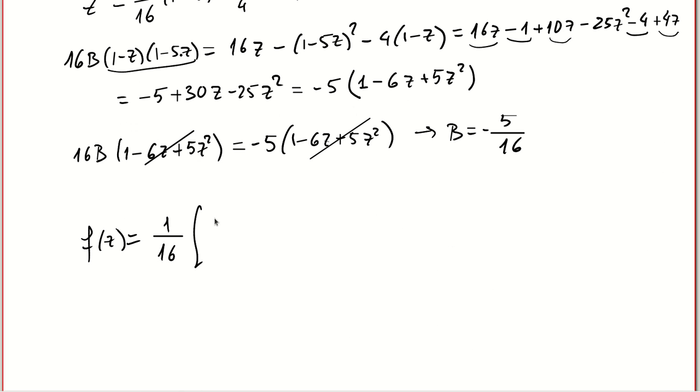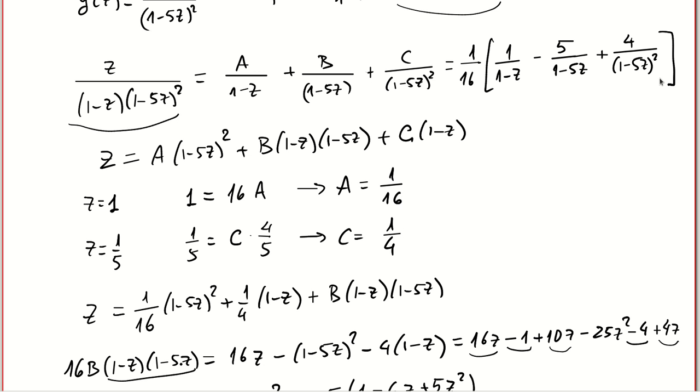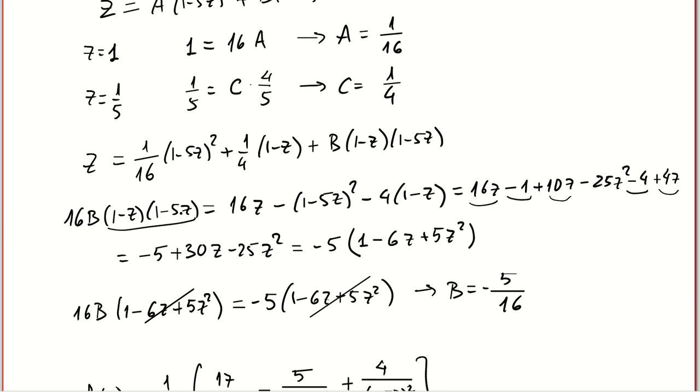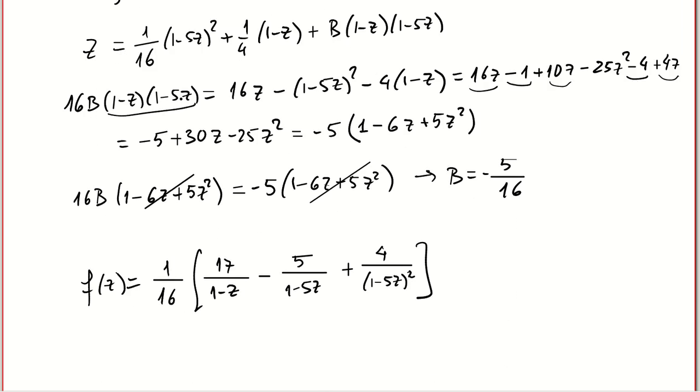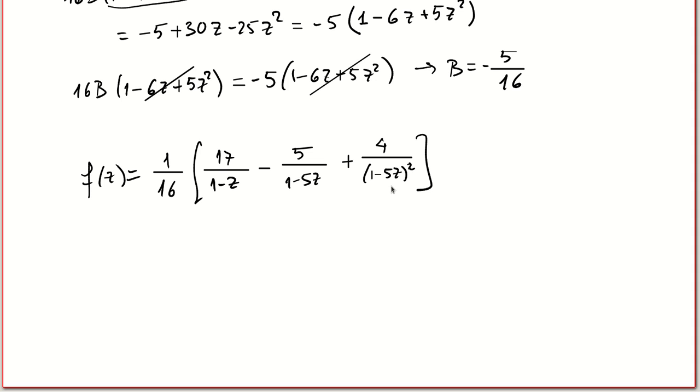So I have 17 over 1 minus z, minus 5 over 1 minus 5z, plus 4 over 1 minus 5z squared, right? So that is the fraction I end up with, okay? And now I have to expand this. But I know the expansions of everything, right?